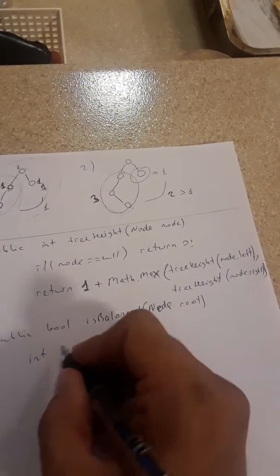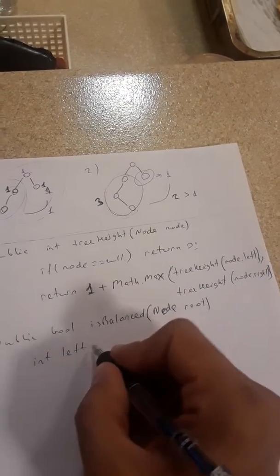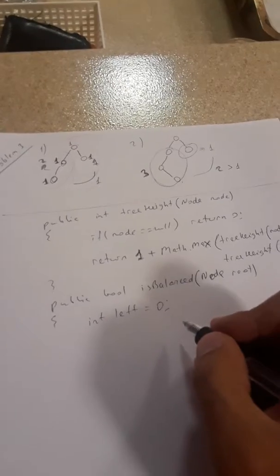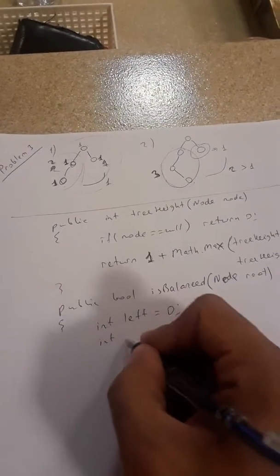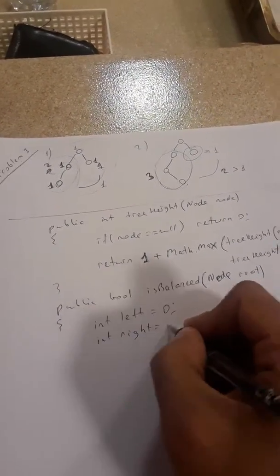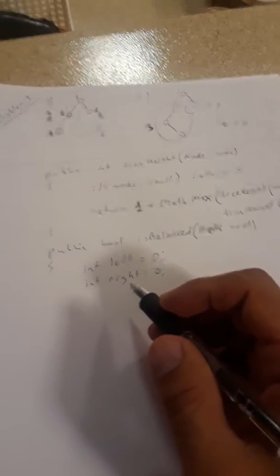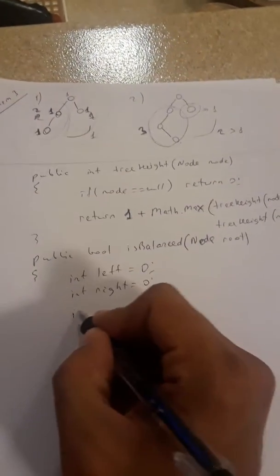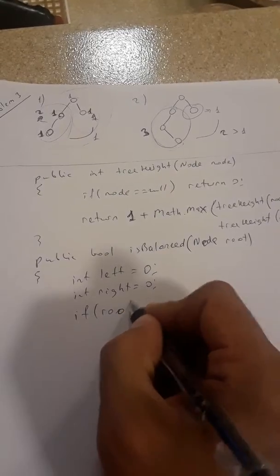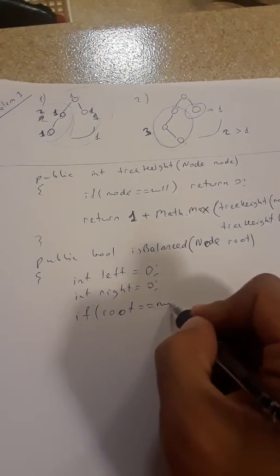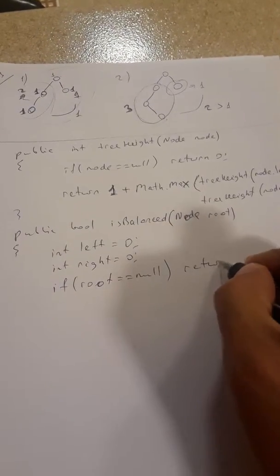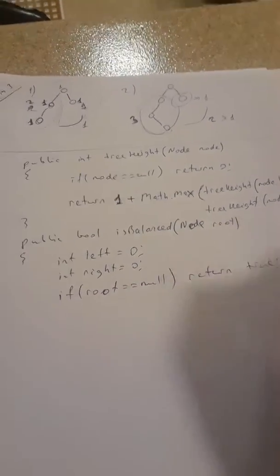I will declare two variables, one left for the left subtree height and another right for the height of the right subtree. The initial values will be 0. Let's put an initial check: in case our root is equal to null, we will just return true.